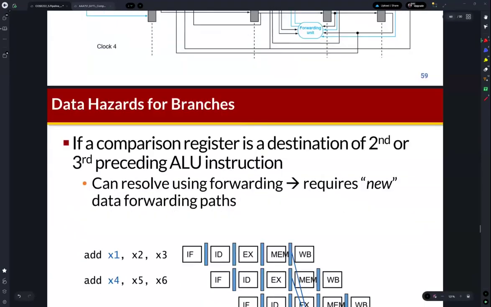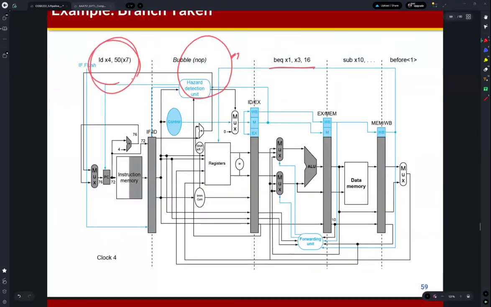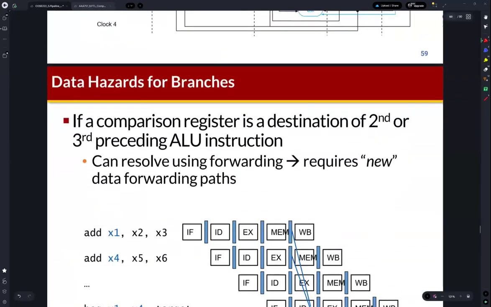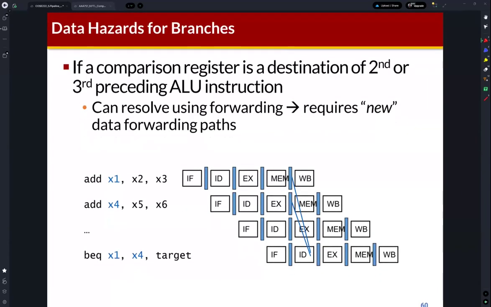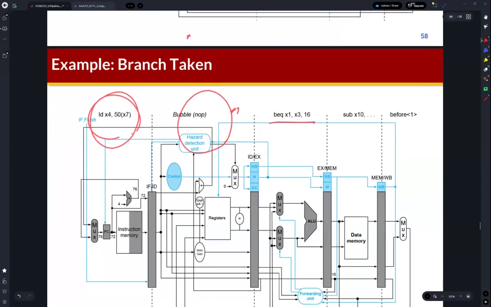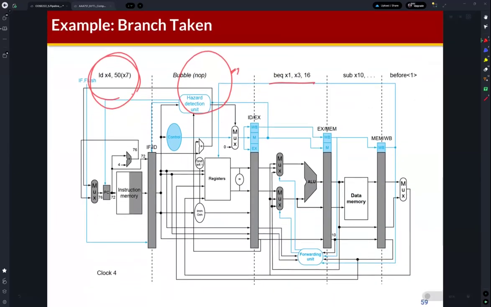This problem is corrected in the second edition of this textbook actually. You can find that the branch instruction receives two register operands, right?